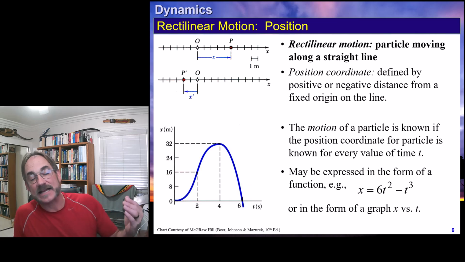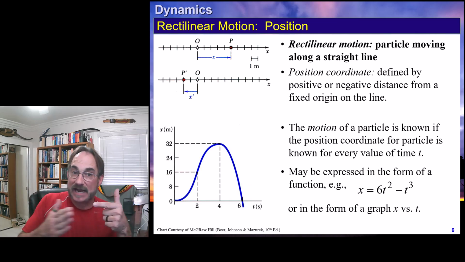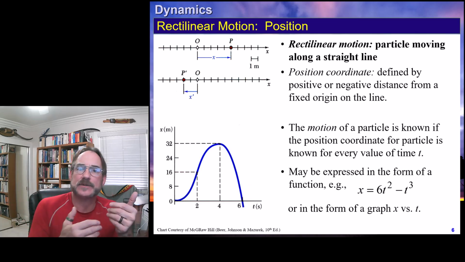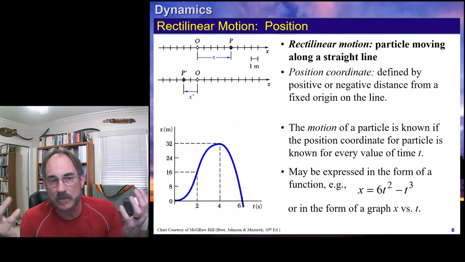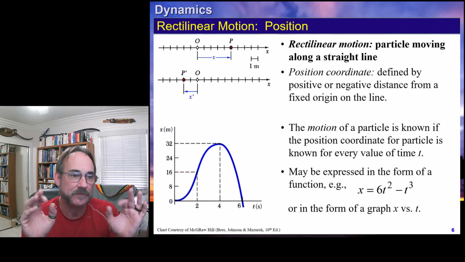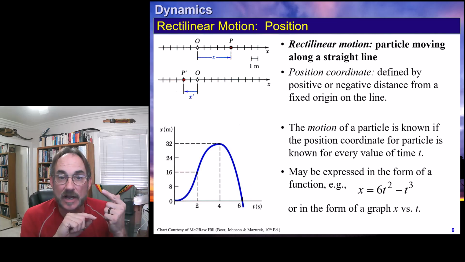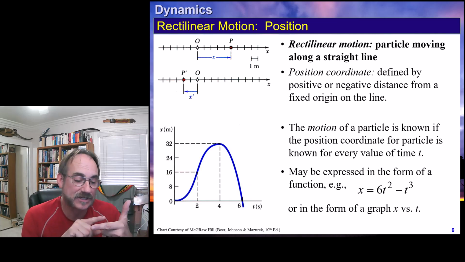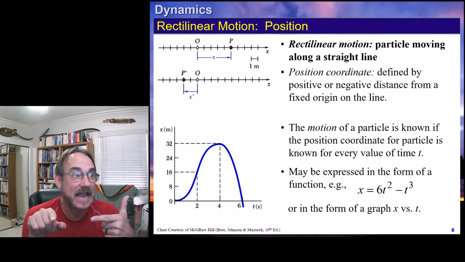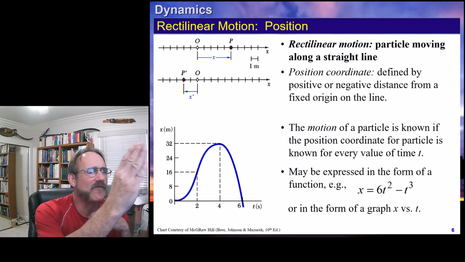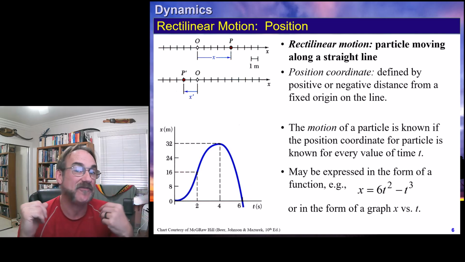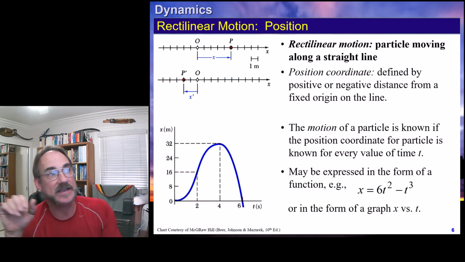We could call this axis X for the X position, or we often use S for position, which is a more generic way of describing position. Since we're talking rectilinear, we can lay our coordinate system right on the x-axis. This particle is at position 5, which might be 5 inches, 5 meters, 5 feet, whatever.